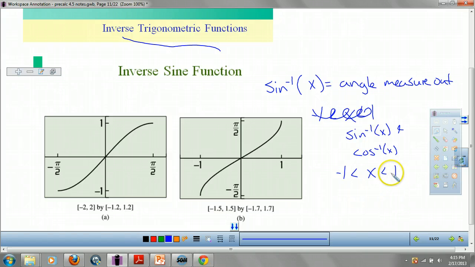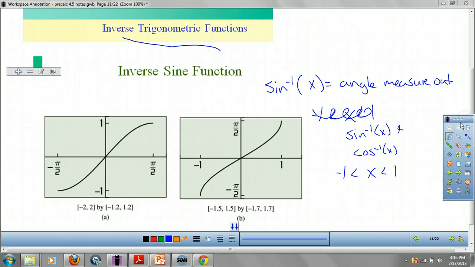Because when you plug in sine and cosine, you aren't going to get a number bigger than 1 or smaller than -1. And what's going to shoot back at you is something between pi/2 and -pi/2.